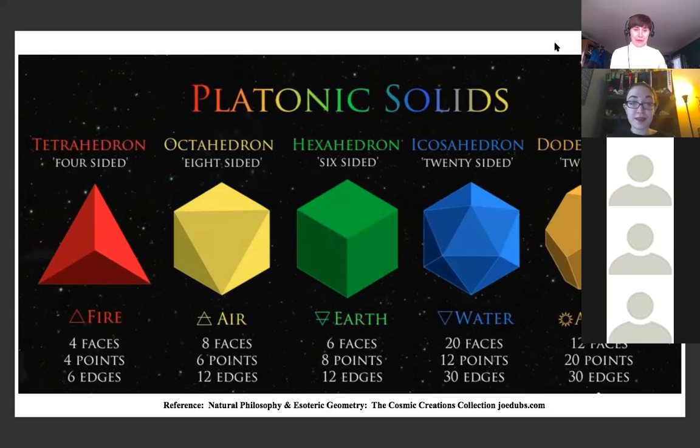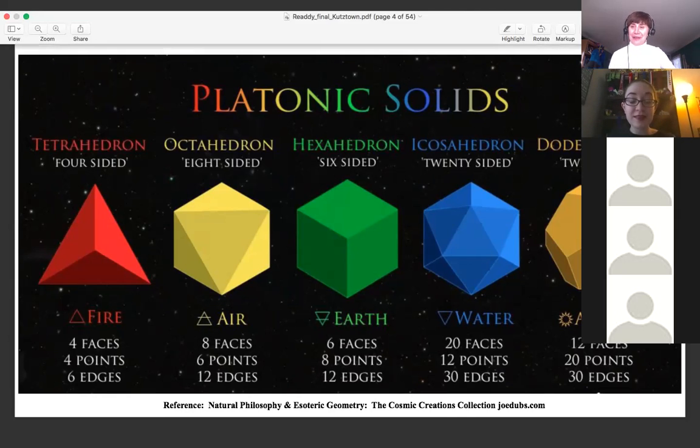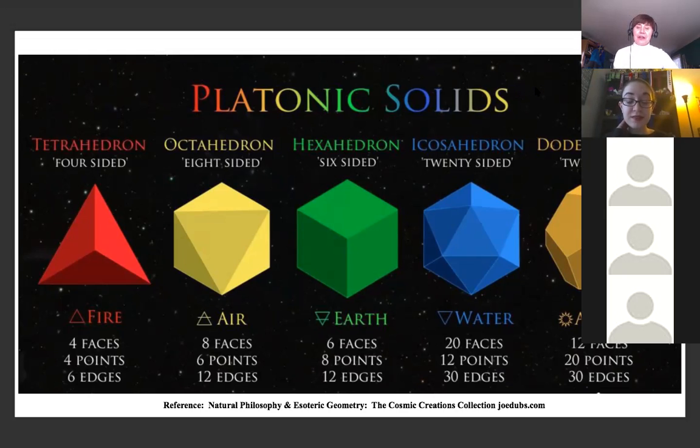So for example, traditionally Platonic solids are associated with fire, air, earth, water, ether. So these are regular polytopes, objects in three-dimensional space. These particular ones, at least, were three-dimensional.